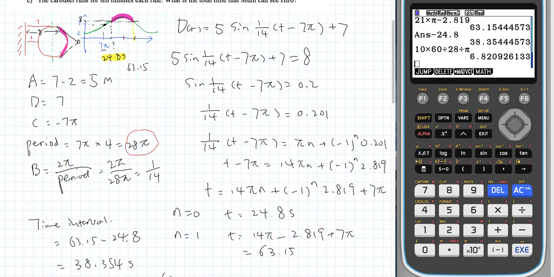If we use a highlighter here, little Hiro starts from here, goes around once, that's one circle, twice, and so on, 6 times altogether, and then goes further around 0.82 of a circle. Where's 0.82 of the whole circle?